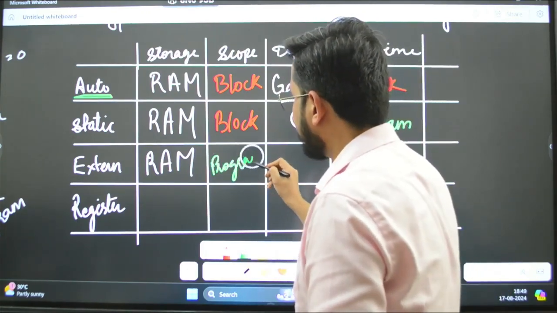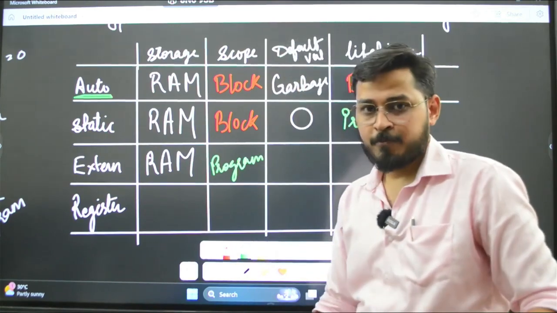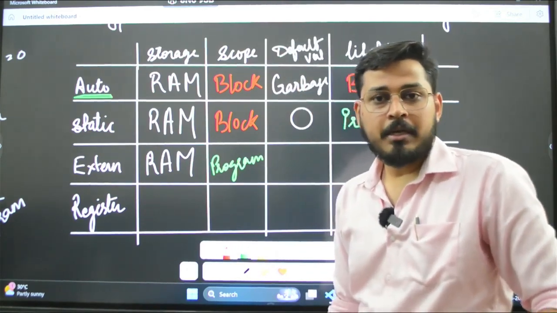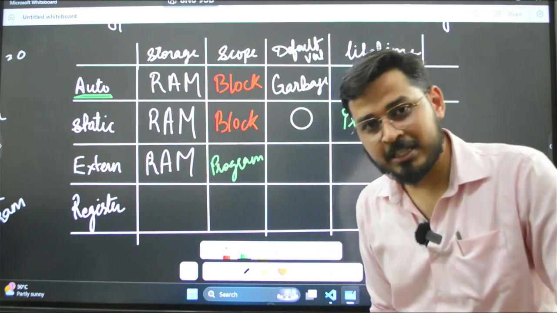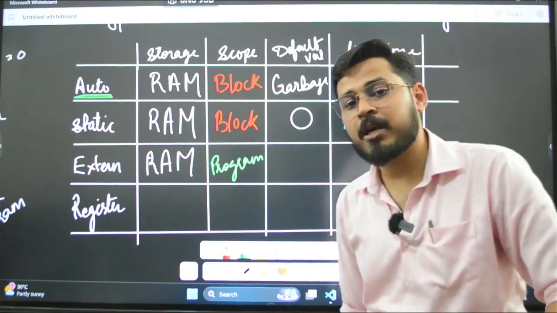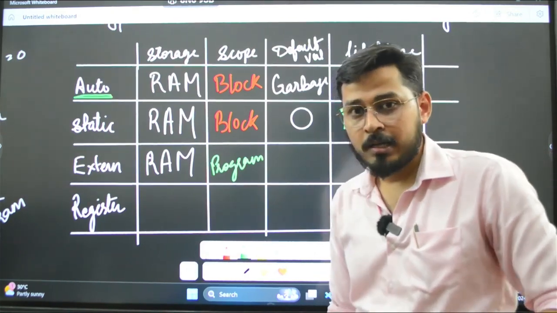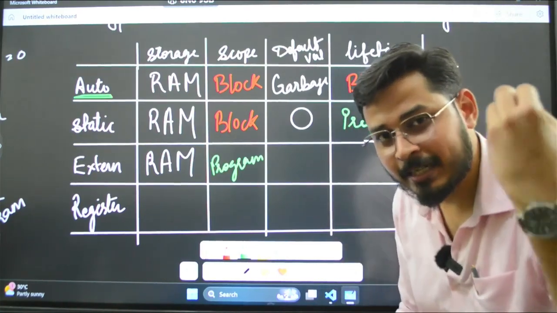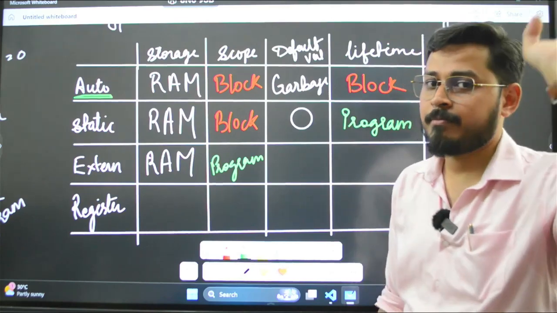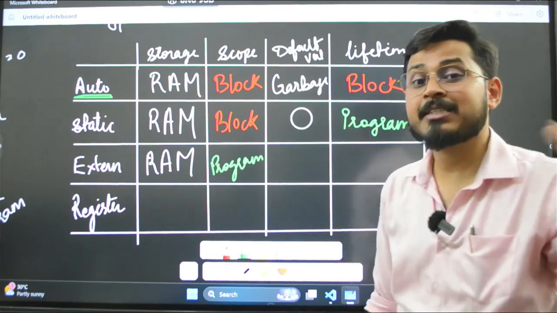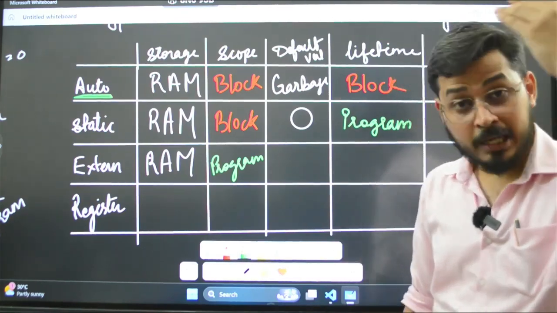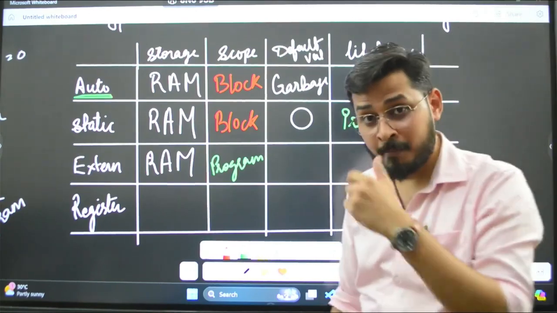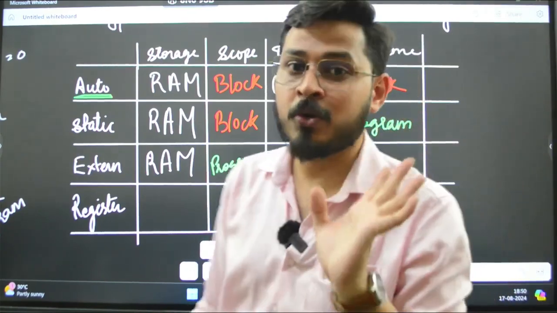You can say that whenever you use extern, everything forcefully gets the program scope. That means you forcefully made anything a global variable. From anywhere it can be accessed. It is available in the whole program. So that is why its scope is program.